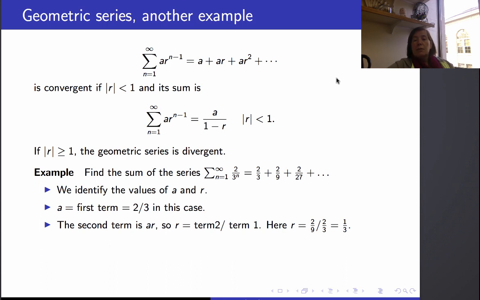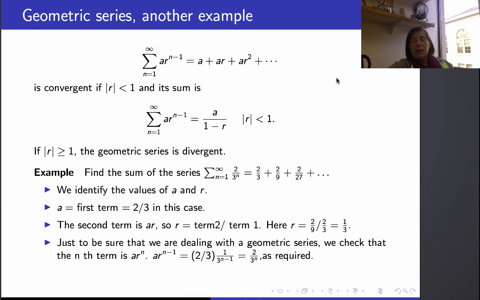So again, just to be sure that our numbers are correct, we should check that a times r to the n minus 1 is the nth term of our series, that the formula agrees with what we're given. So when we calculate a times r to the n minus 1, we get 2 over 3 times 1 over 3 to the n minus 1, which is 2 over 3 to the n, which is indeed the formula in the given series for the nth term.